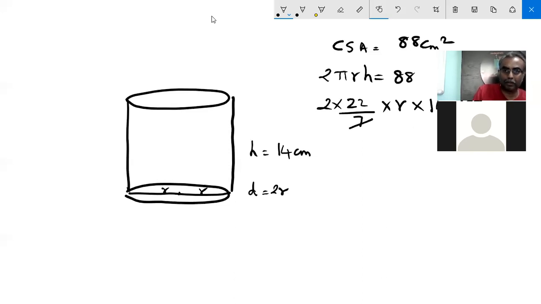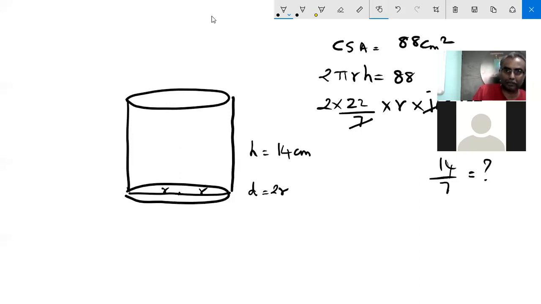Now 7 will go in 14 how many times? Divide 14 by 7. The answer is 2.